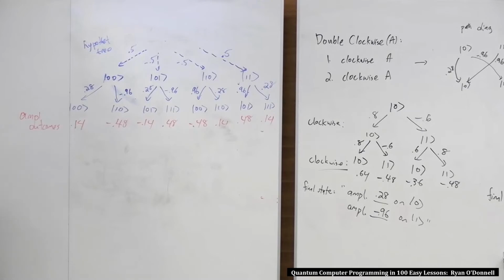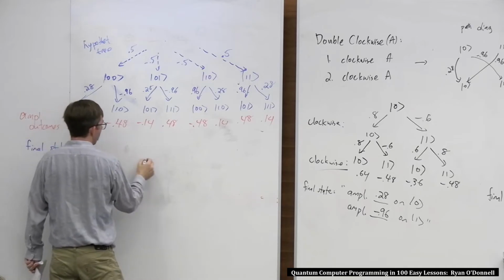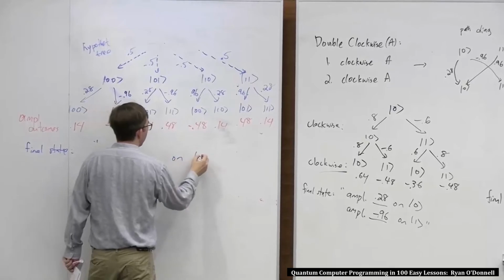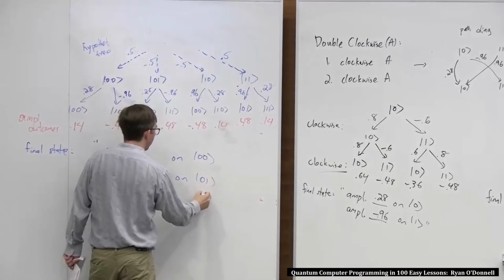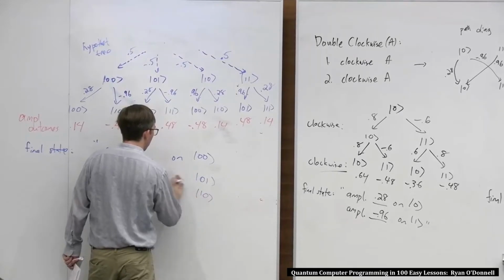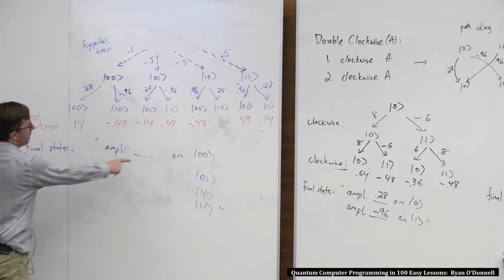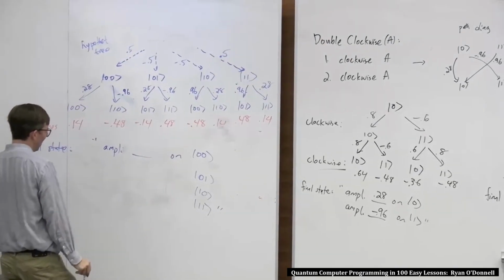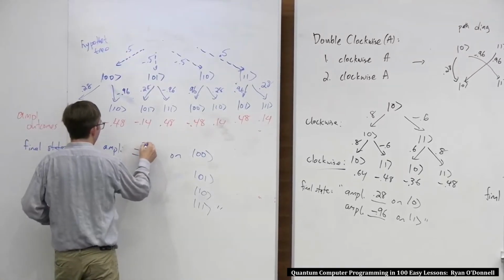So the final outcome, final state, is going to have some amplitude on 0 0, 1 0, 0 1, and 1 1. The final amplitude on 0 0: we add 0.14 and minus 0.48, which is 0.34? No, minus 0.34.